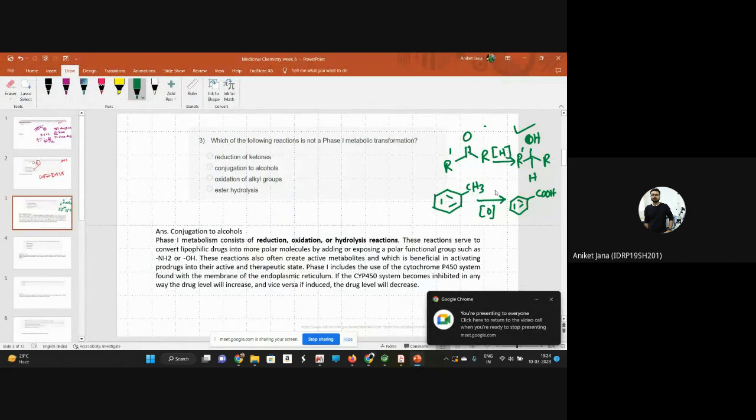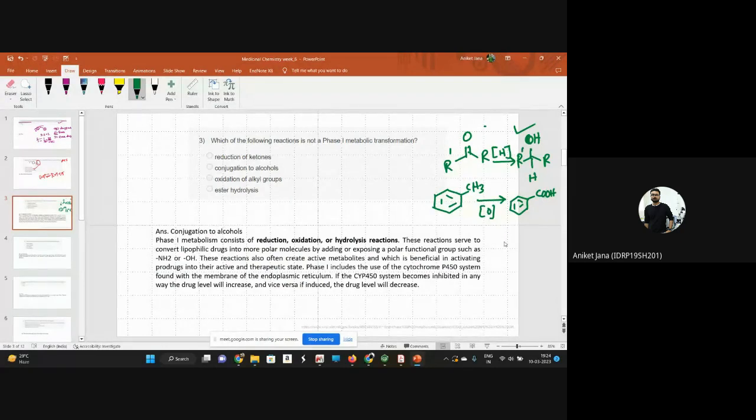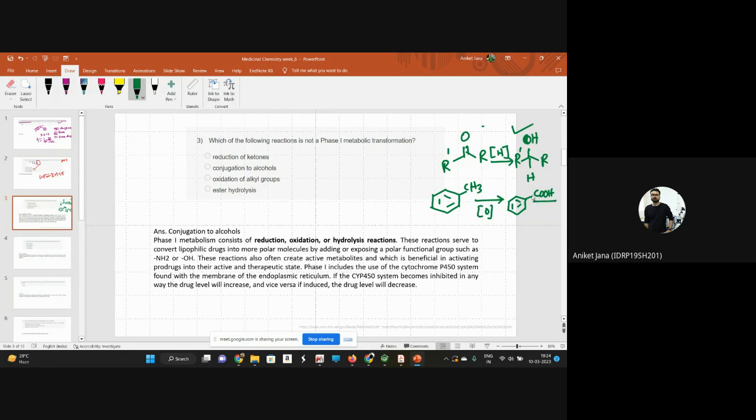From alkyl CH3 to COOH. Definitely it is polar in comparison to the normal alkyl group. The carboxylic acid group is definitely polar.